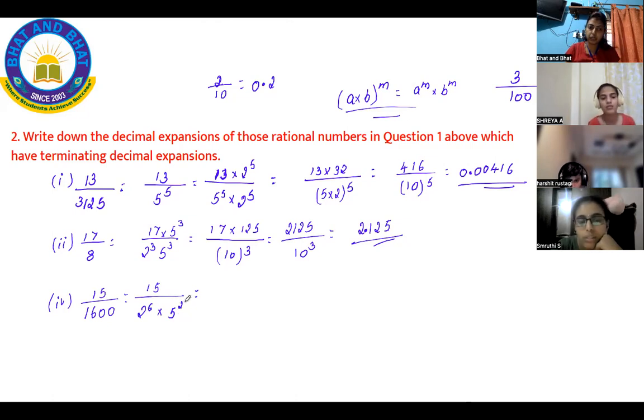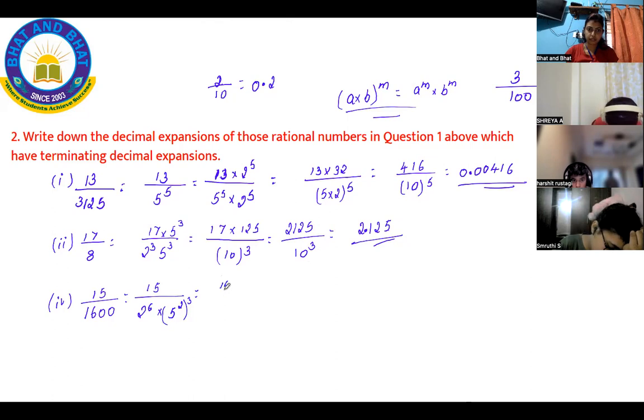Now I have to multiply this with some number. How much? 3. So what will be there in the numerator now? In the numerator, we will take 15 into 5 raised to 3 divided by 2 raised to 6 into 5 raised to 6.